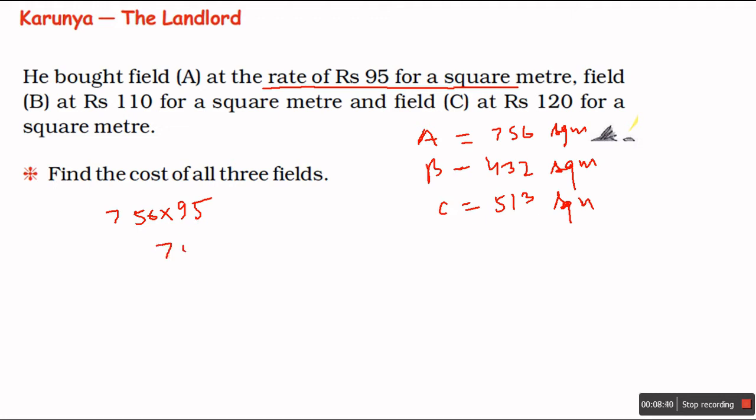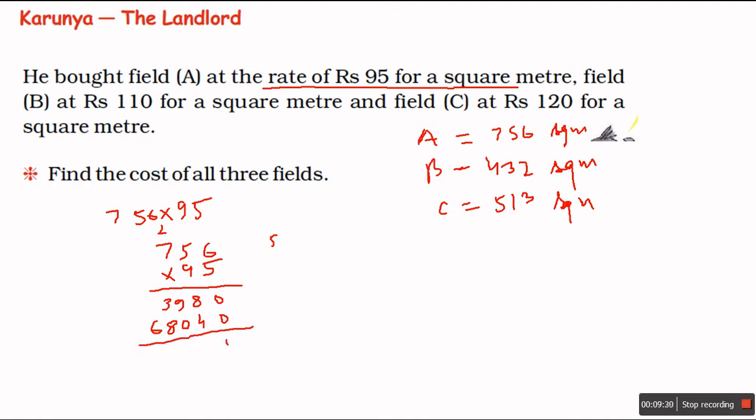So let us multiply. 5 6s are 30, carry over 3, 5 5s are 25 and 3, 28, 2, 5 7s are 35 and 2, 39. When I multiply with 90, I will put 0 here. 9 6s are 54, 5 carry, 9 5s are 45 and 5, 50, again 5 carry, 9 7s are 63 and 5, 68.